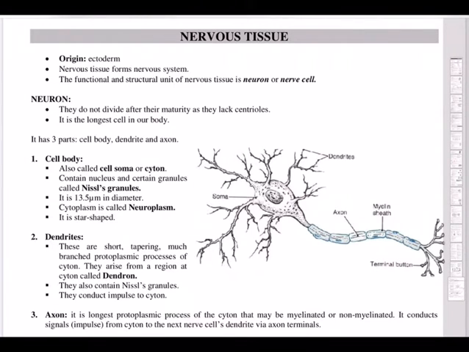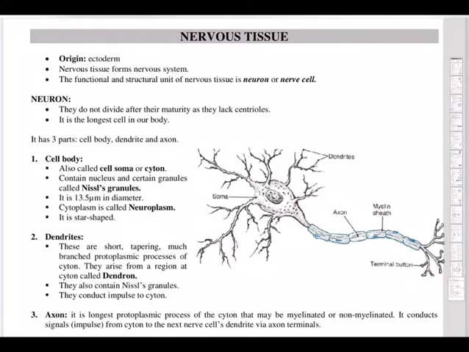The head region is called cyton or soma, and the tail region is called axon.